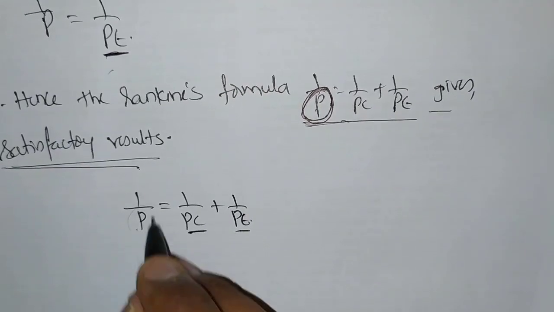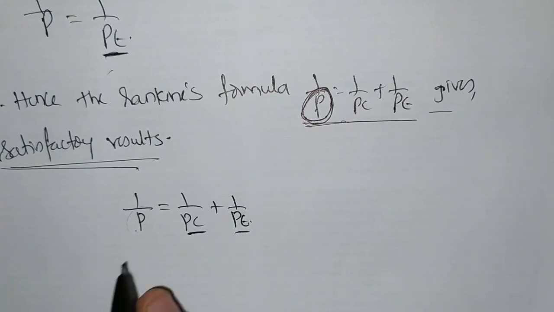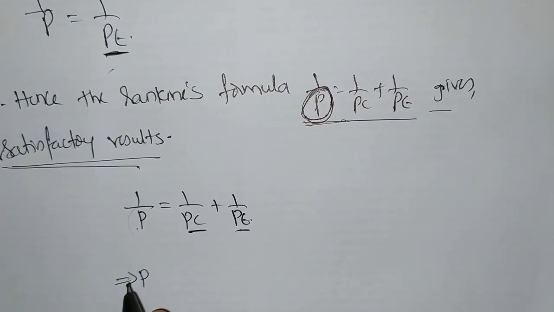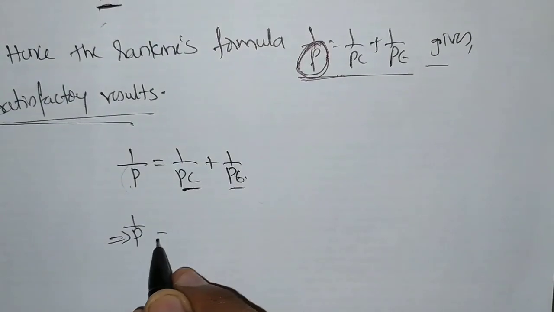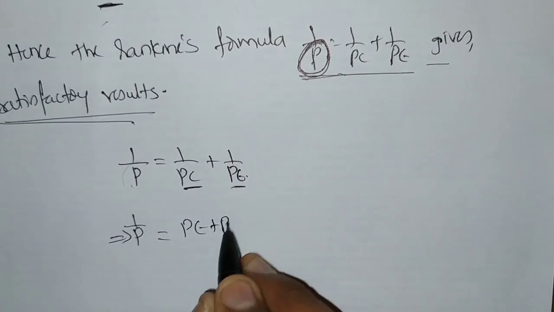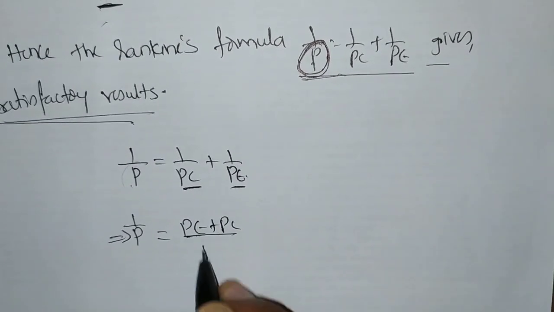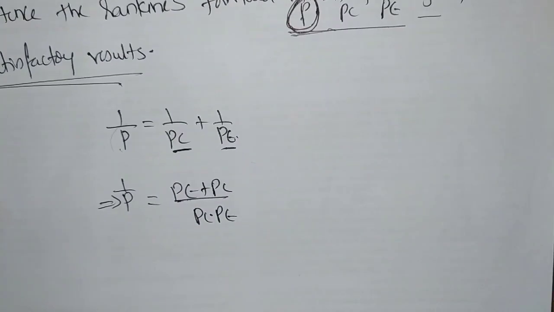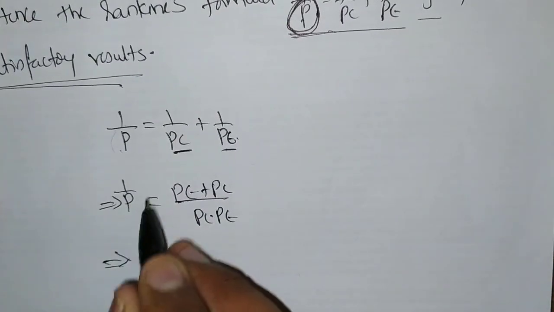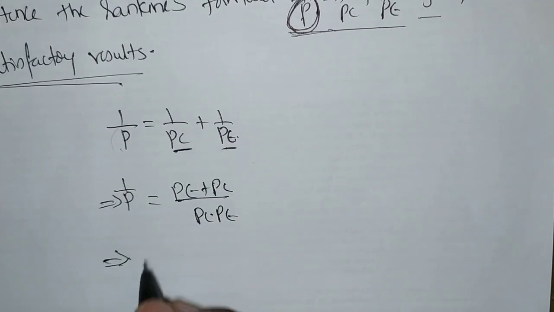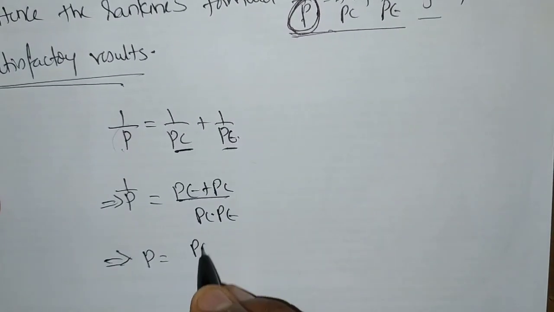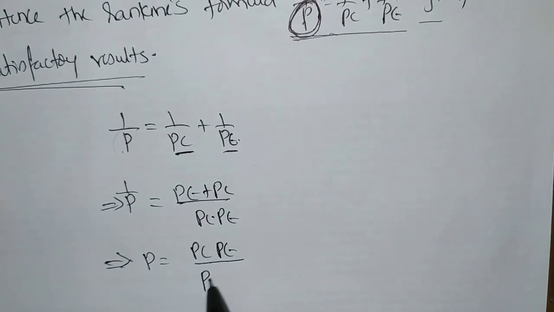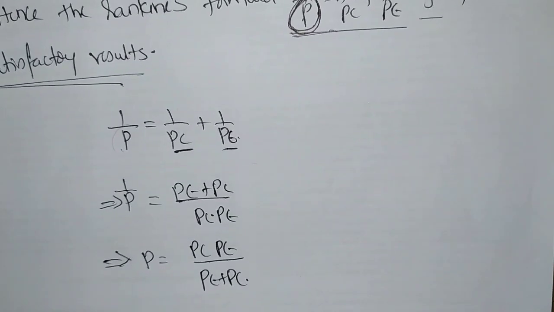This can be written as 1/P = (Pe + Pc)/(Pc times Pe). Taking the reciprocal on both sides, P = Pc times Pe divided by (Pe + Pc).